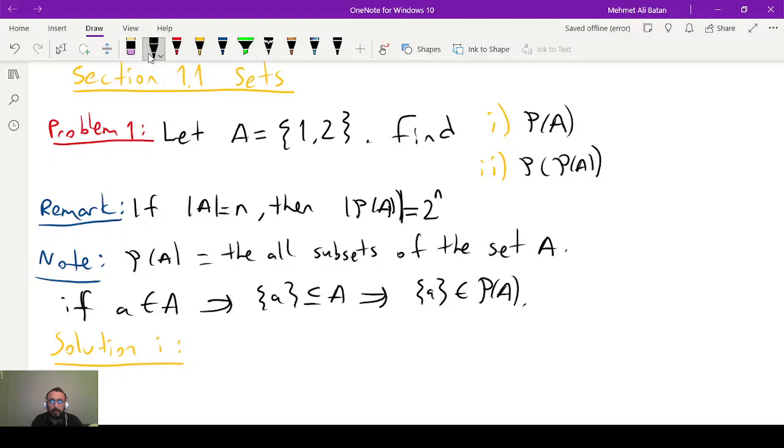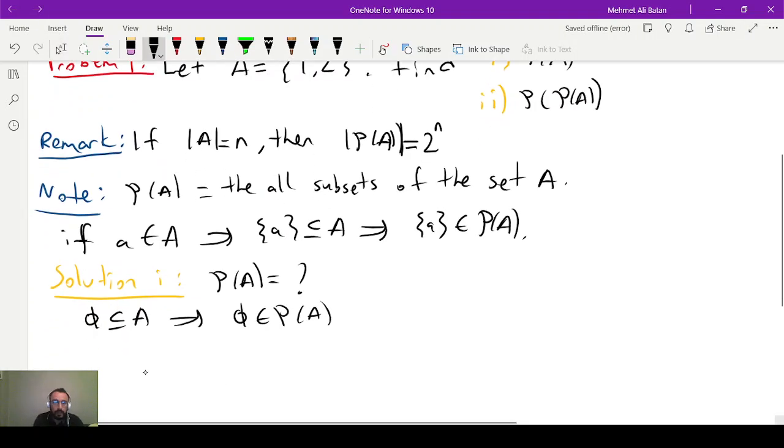So I am asking what is the power set of A. Okay, so note that the empty set is a subset of A. Actually, the empty set is a subset of any set. Okay, this implies the empty set is in the power set of A.